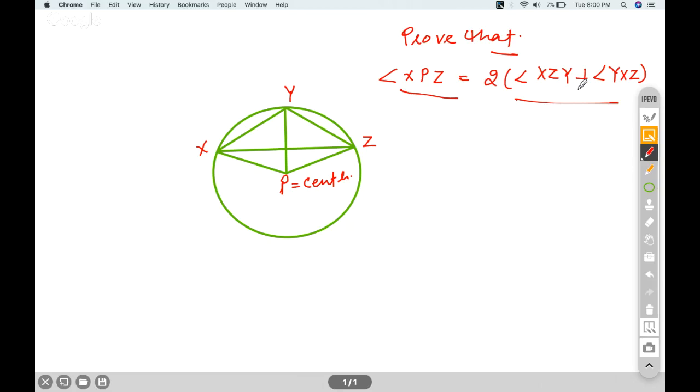Shraddha, you try first. In 2 minutes, you say, sir, can you solve this? You try for 2 more minutes.